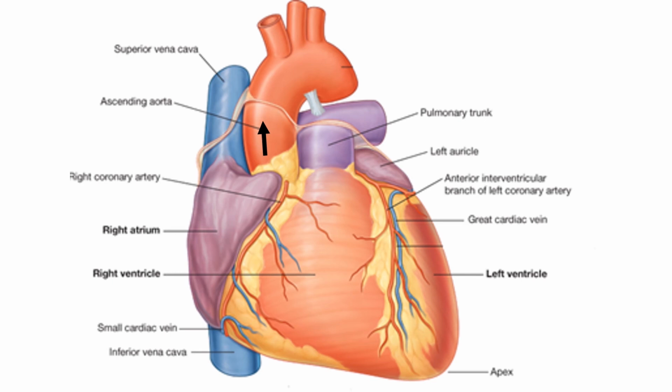What's the aorta? The aorta is the largest artery in the body. From where does it come? It comes from the left ventricle. What type of an artery is it? It is an elastic artery.